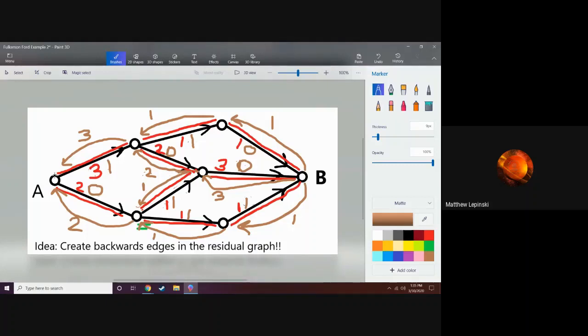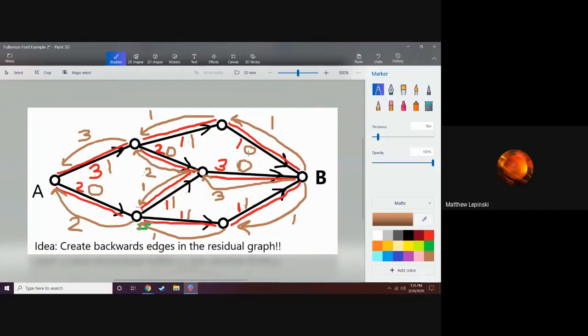When you're looking for paths from A to B, your pathfinding algorithm should avoid loops.